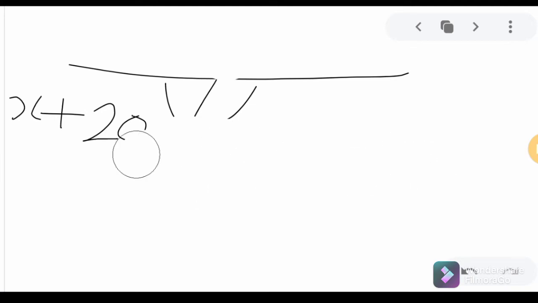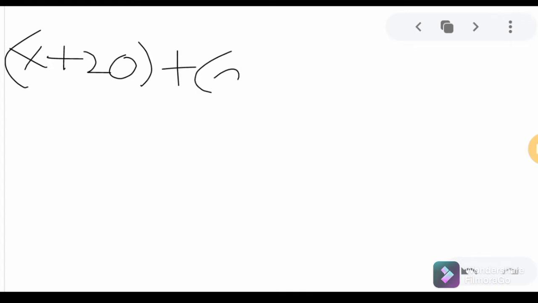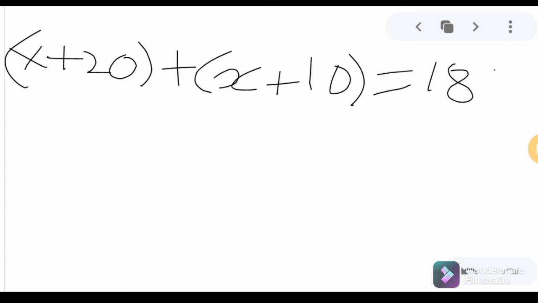Which basically means that we're going to go with the fact that x plus 20, let's put that in parentheses, plus x plus 10 in another parenthesis, is equal to 180 degrees.